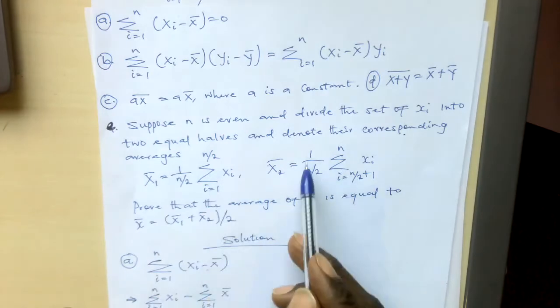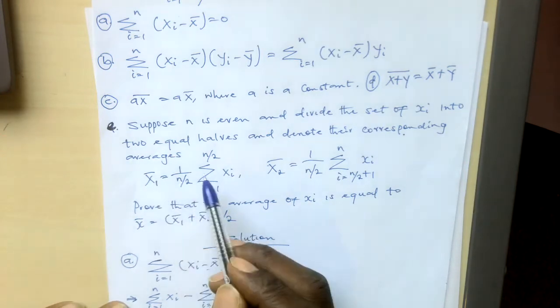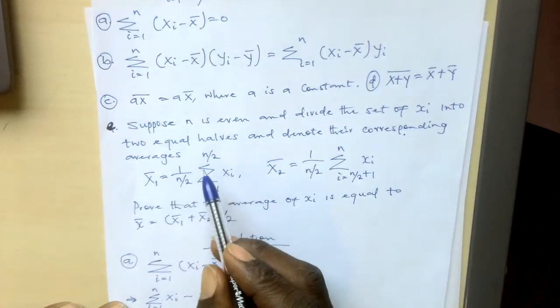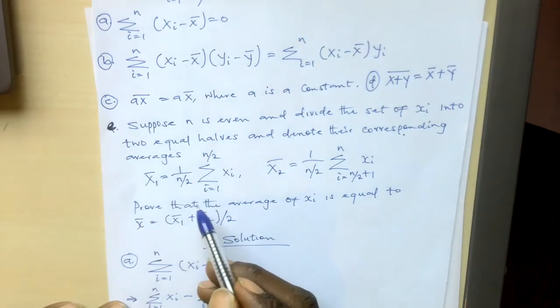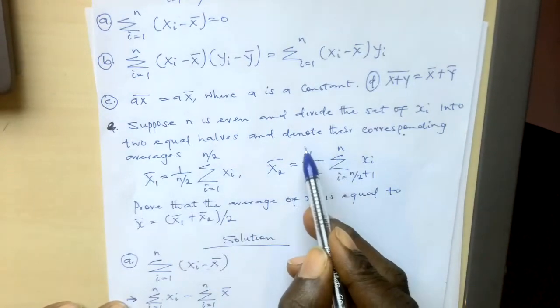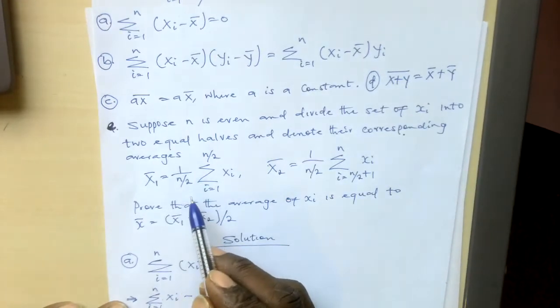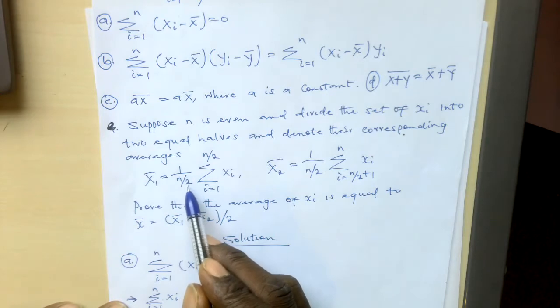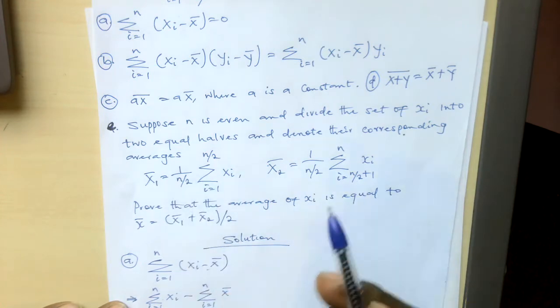That is the first average, second average. So now n is the total sample size, right? But the sample is now divided into two equal parts. So that is the mean of the first part, the mean of the second part. Here, if you look clearly, you see divided by 2. That's because the sample is divided into 2. So divide n by 2, divide n by 2, right?